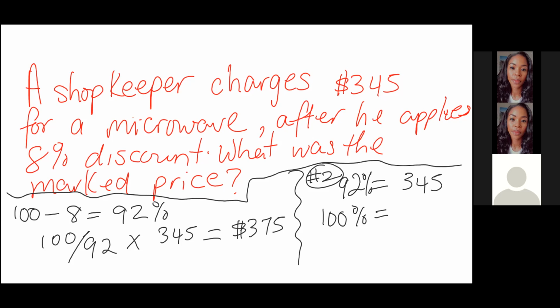It's going to be right hand over left hand. So 345 over 92 multiplied by the current left hand, which is 100. And when we work that out, we would get the same thing, right? 345 divided by 92 multiplied by 100, 375.